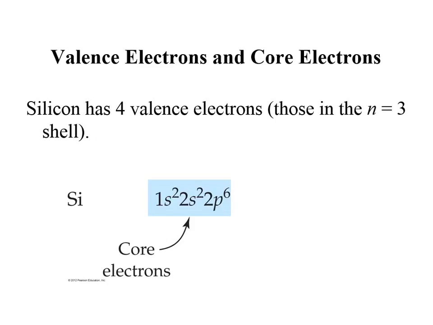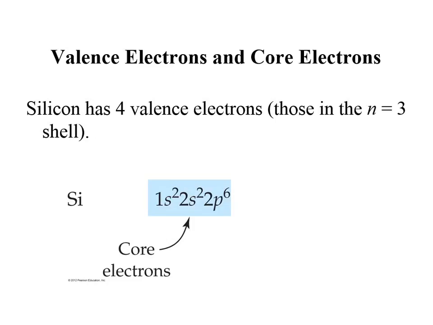Period 2 noble gas is neon. How many electrons around a neon atom? 10. Okay, so this figure is emphasizing that.